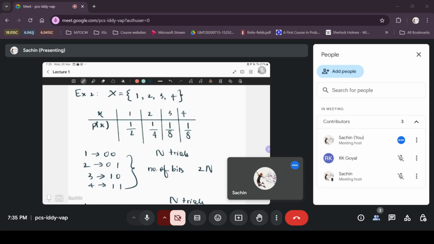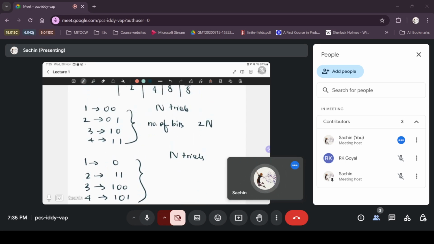And since the probability of getting a 2 is 1/4, n over 4 of these trials would have value 2.